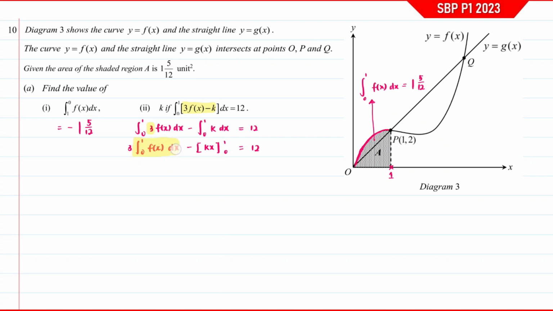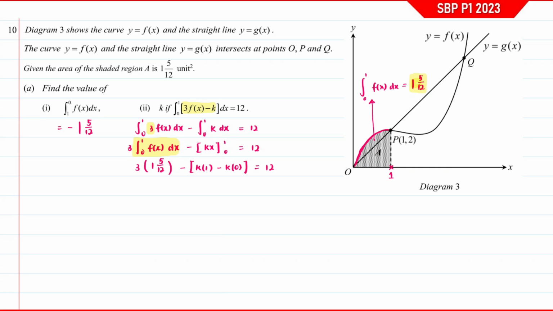So for this part, this refers to the region A, which is 1 and 5/12. So it will be 3 times 1 and 5/12 minus, we're going to substitute the upper limit and lower limit into x. So we're going to get k times 1 minus k times 0. This is equal to 12.